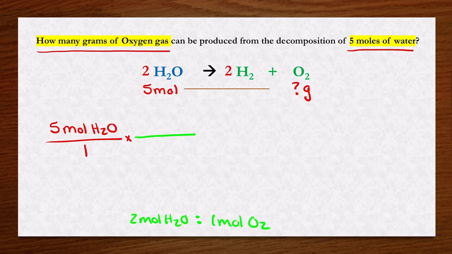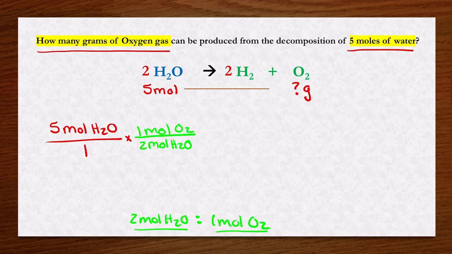And now that we're hopefully starting to get the hang of writing these mole ratios, instead of writing both of our possible conversion factors out, let's just see if we can decide where they go. So remember, I want moles of water to cancel out. So I'm going to put this on the bottom of my mole ratio. And that means I have to put this one on top. So 1 mole of O2.